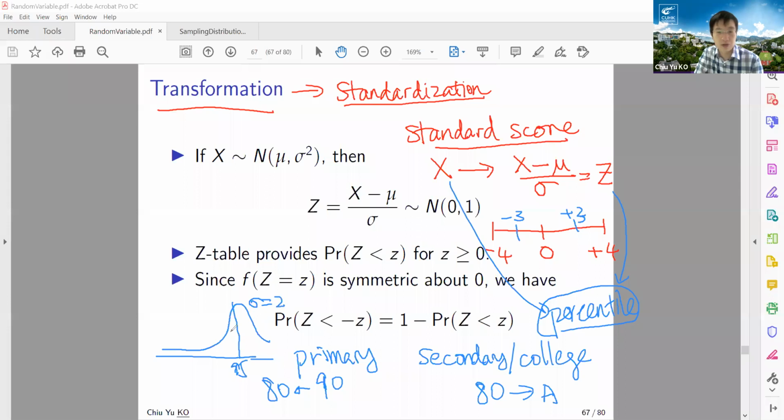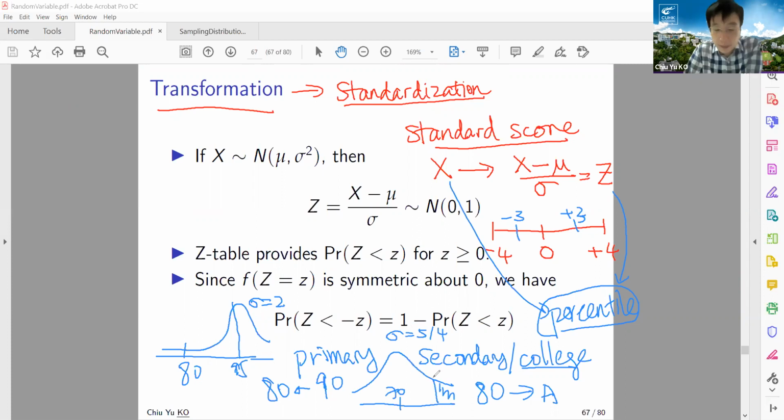So if you are 80, it's very far away from the mean. But in college, the distribution is usually around 70 something, and the standard deviation is like 5 or 4, and 80 is already a very high score.